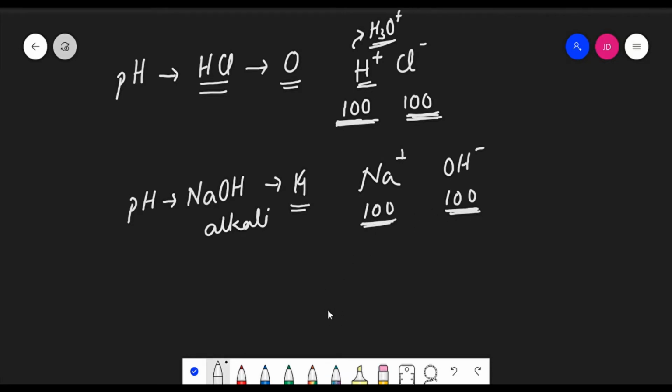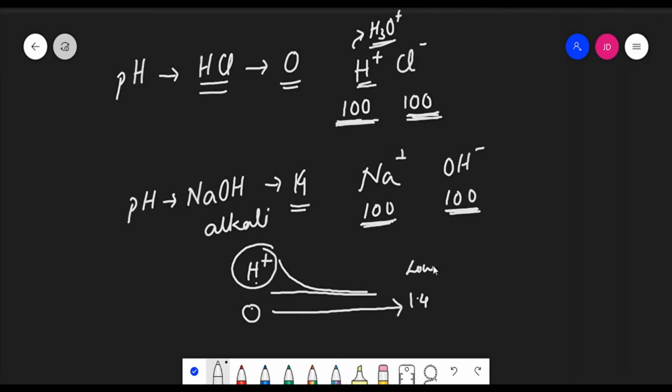So what we say is, as we go from 0 towards 14, the amount of H plus will become less. There's a graph. 0 will have the highest number of H plus and 14 will have the lowest number of H plus. However, for OH minus, the base will have the highest number, but the acid will have the lowest number of OH minus.